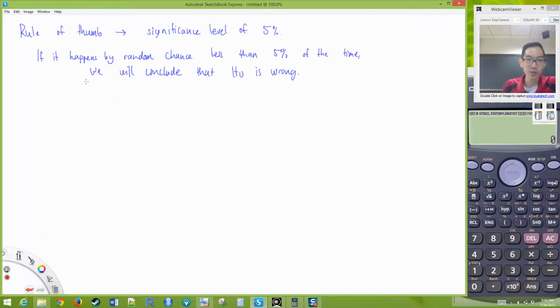So you risk incorrectly rejecting the null hypothesis 5% of the time. But you're essentially saying, I'm willing to take that risk. 5% is small enough that I'm willing to take that risk. Okay.